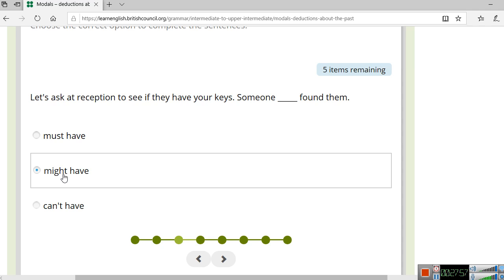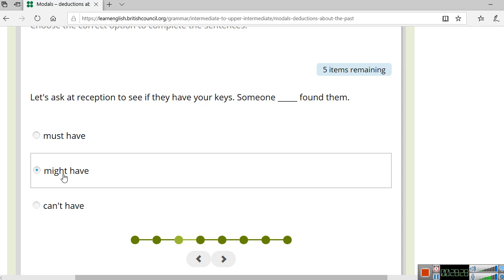Yeah, that's the answer. And also, teacher, excuse me, must have implies 100% and might have 50, 100. Yeah, that's the simplistic way to put it. It's easy for you to remember it that way. When we're not assured of something, we use might. And we can call that 50% chance. Alright?